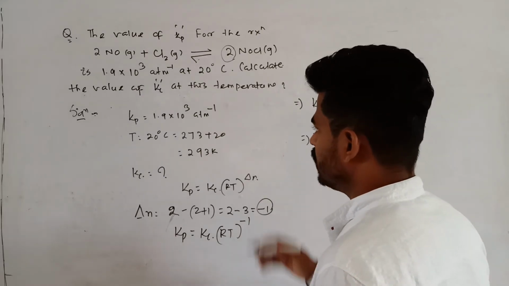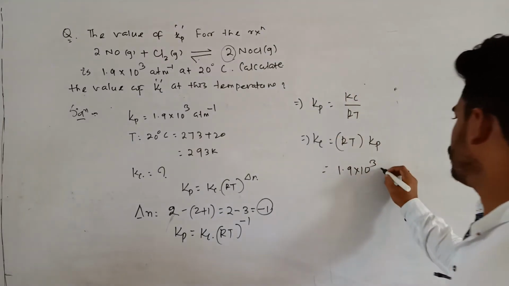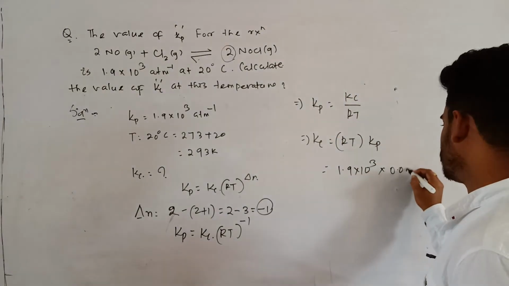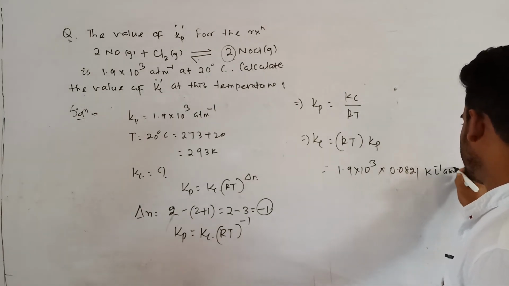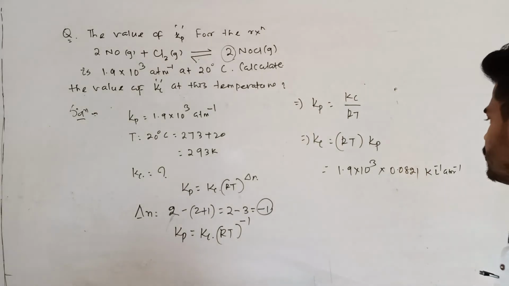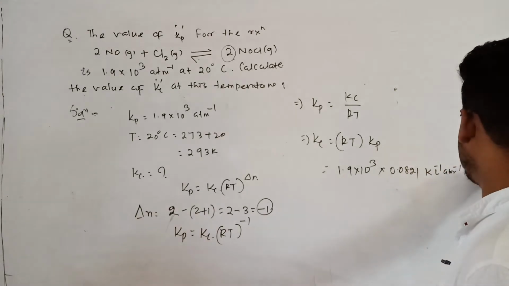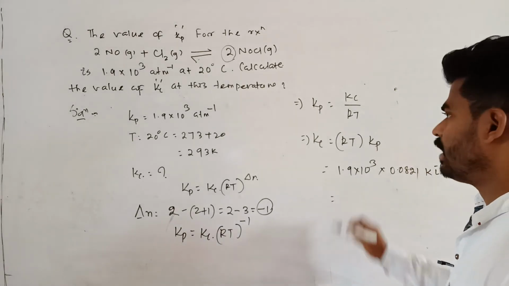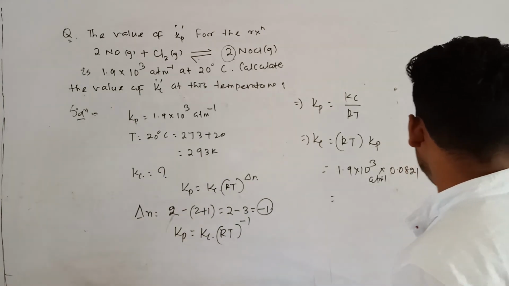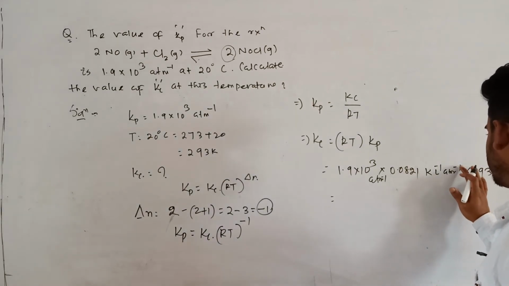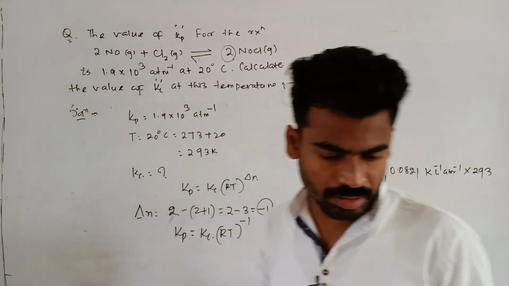The Kp value is given to you: 1.9 into 10 to the power 3, into the value of R, that is 0.0821 liter atm per Kelvin, and T is 293. So this one will be atm inverse, and this one is Kelvin. So what will be the unit of R over here?